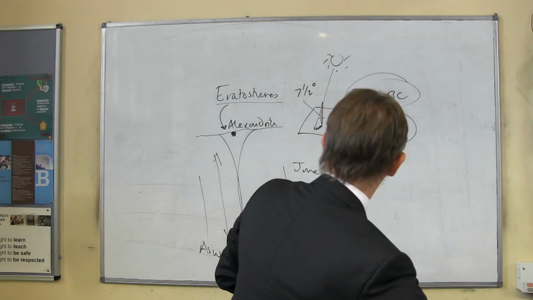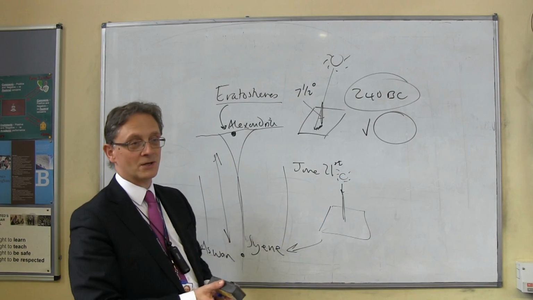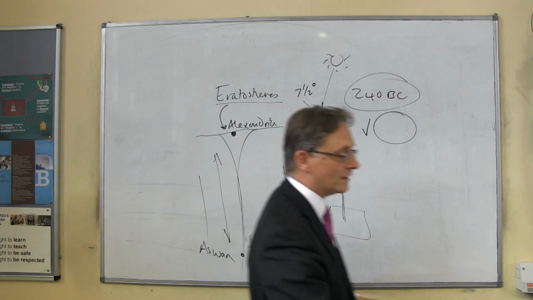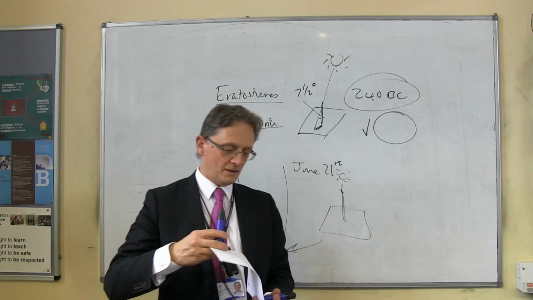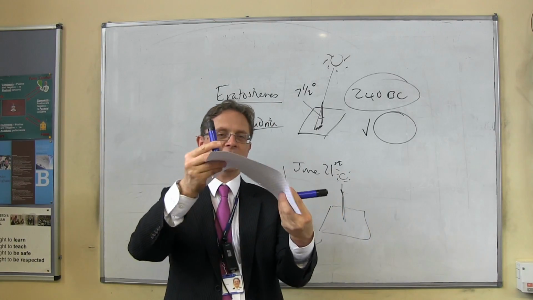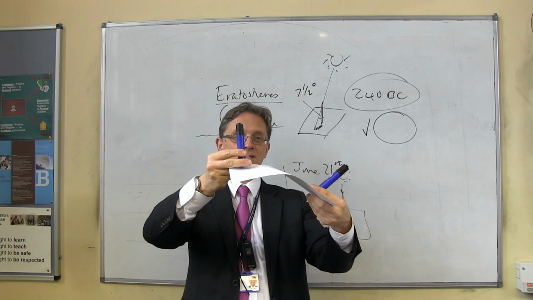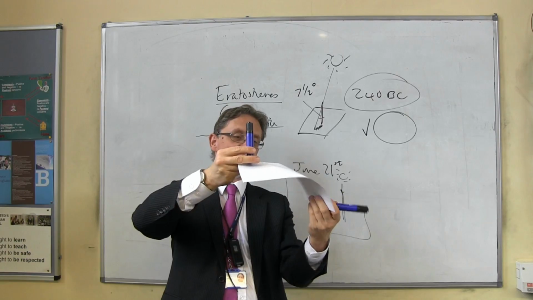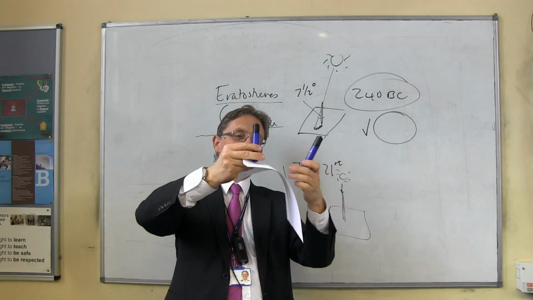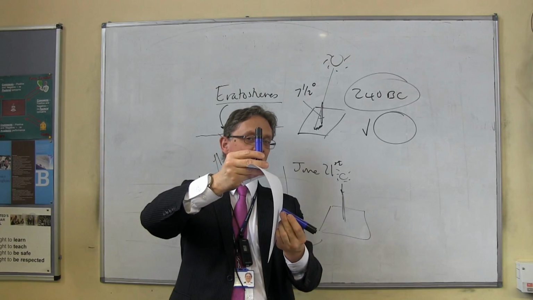Now, Eratosthenes went on a bit further than this, and he used this information to work out the size of the Earth. Okay? If you think about it, if this is the shape of the Earth, it's a curve, which means one place gets no shadow, at the same time another place gets a decent sized shadow. All right? How big a shadow I'm going to get at this place depends, if that's the Earth, on how far around the Earth it is, doesn't it?